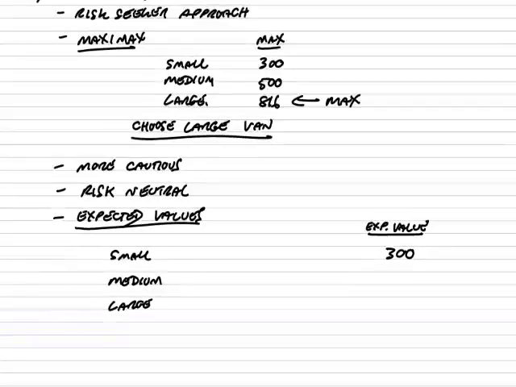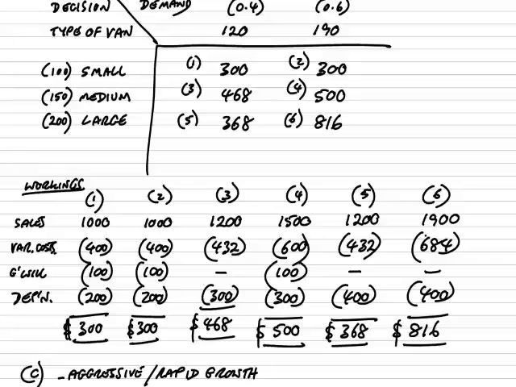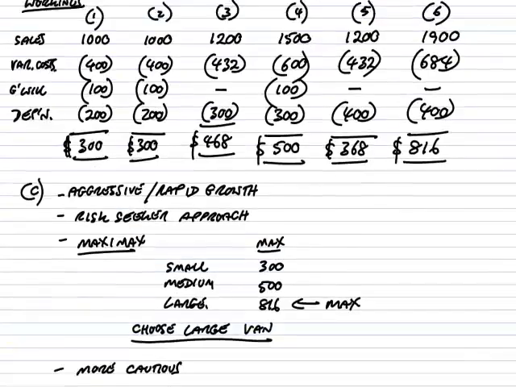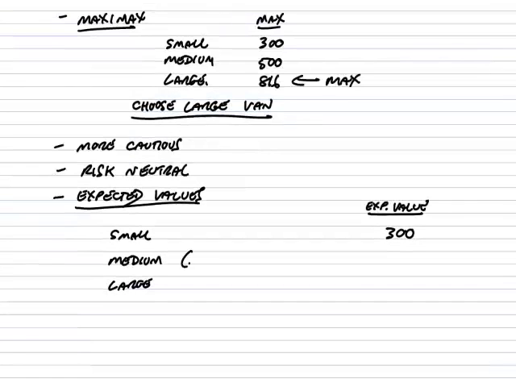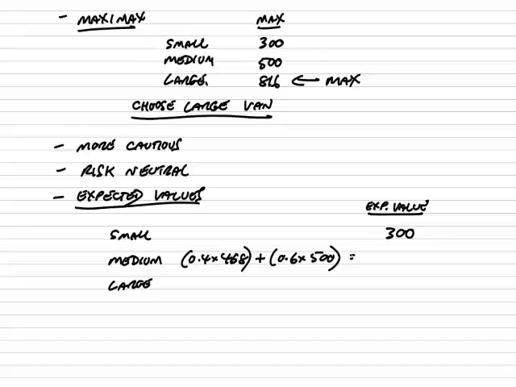However, for a medium, we are going to have to weight a 0.4 probability of 468, if it's low demand, and a 0.6 probability of 500. So 0.4 times 468 plus 0.6 times, I think it was 500, which gives a weighted average, or an expected value, of 487.2.